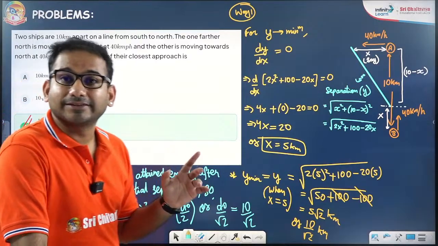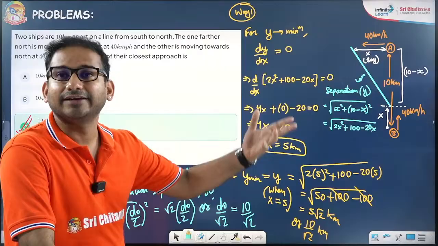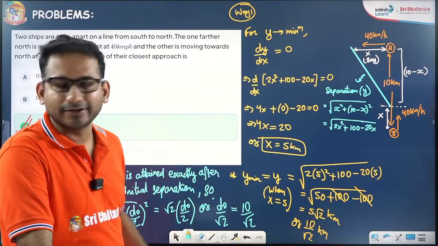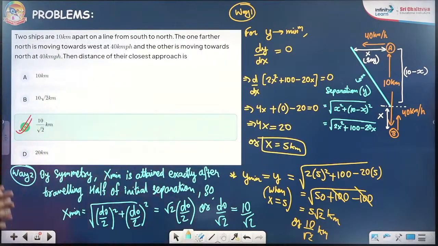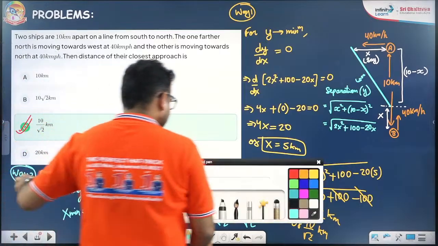What about the remaining method, sir? The remaining method means standing on one, looking at the other, standing on the other, looking at the one. I'll also give you that idea. Have a look. If you want, you can take the screenshot as well. The lengthiest method is also in front of you and the shortest method is also in front of you.